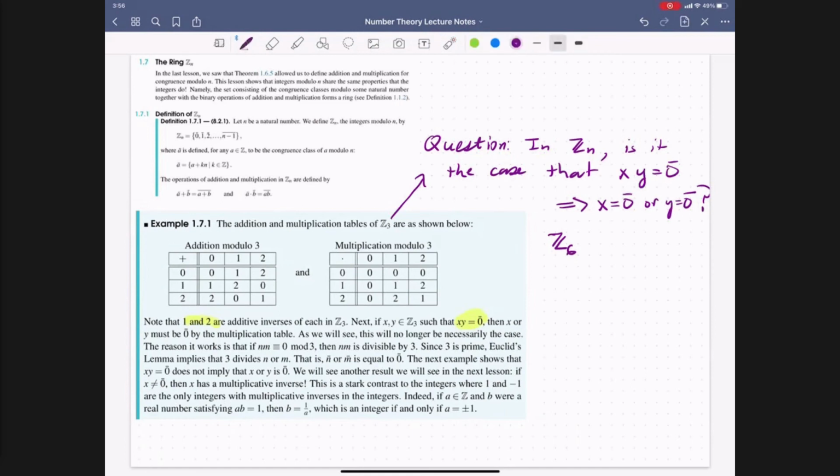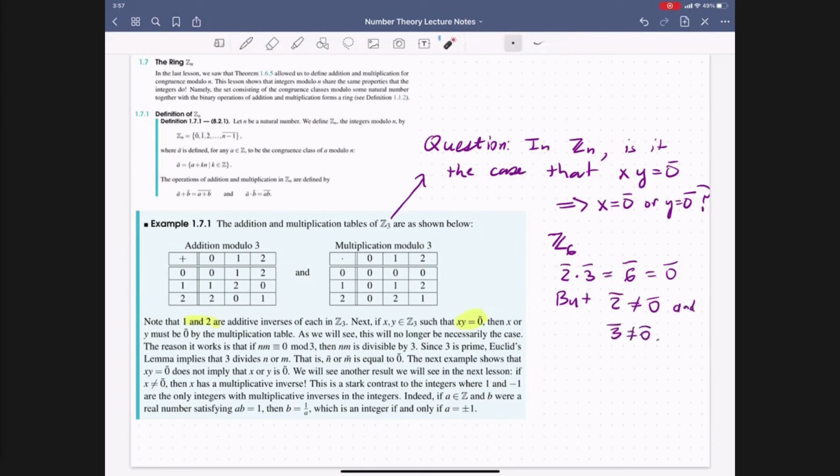So now that you have worked on the integers modulo 6, we can see that if we look at 2 bar and 3 bar, this is going to be 6 bar. But in the integers modulo 6, this is 0. But of course, 2 is not equal to 0, and 3 does not equal 0.